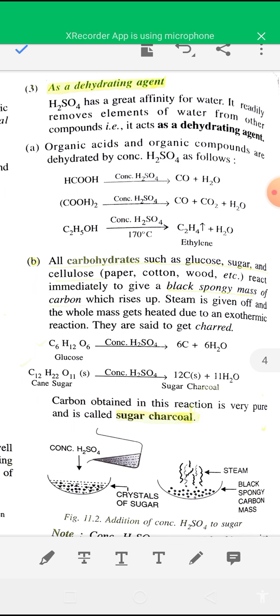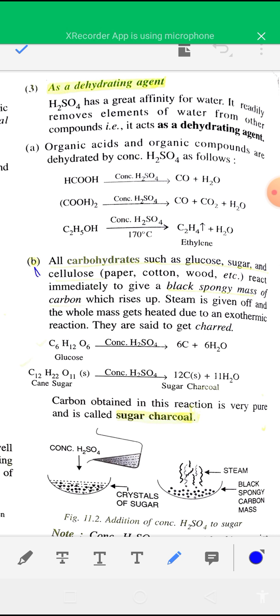Dehydrating agent: sulfuric acid acts as a dehydrating agent. Action on glucose and cane sugar. All carbohydrates such as glucose, sugar, cellulose react immediately to give a black spongy mass and carbon dioxide, which rises up.